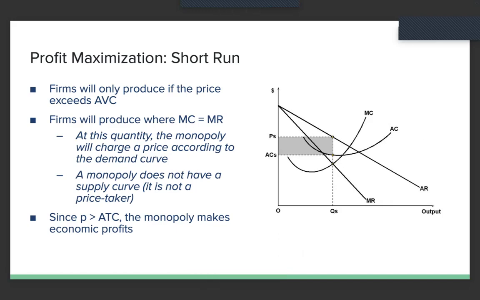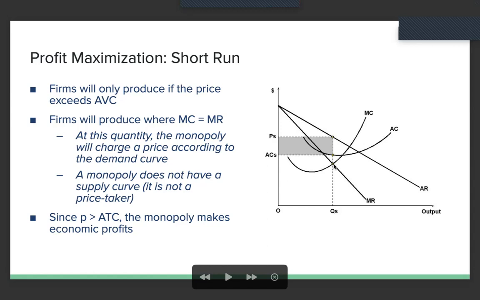Let's look at how profit maximization works in the short run. We saw that for firms in the short run, profit maximization happens when MC is equal to MR, because then we've exploited all possible profits from producing an additional unit. And if you look on the graph on the right, you'll see that since marginal revenue is lower than the average revenue, you actually have profits.